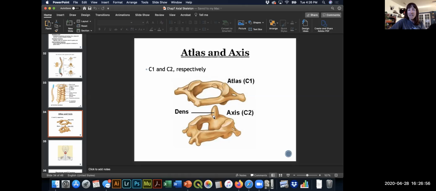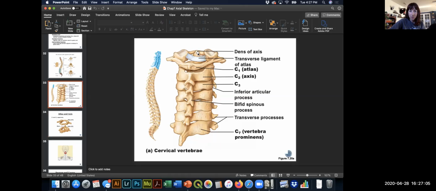It's a feature of the axis, which goes up through the atlas. You can see it here coming up through the atlas. And it also interacts with the inferior aspect of the skull so that you can do this pivot or rotation motion, okay? The type of joint is a pivot joint. The type of movement that it allows you to do is rotation, okay?